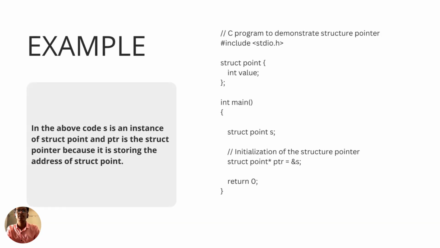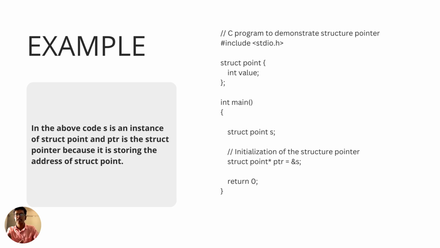Next, here we see the example program to demonstrate structure pointers. struct point with int value, then main. struct point s, initialization of the structure. In the pointer, as we can see, we use this star mark. That means the address of the variable. The declaration of the pointer is ptr equal to ampersand s.